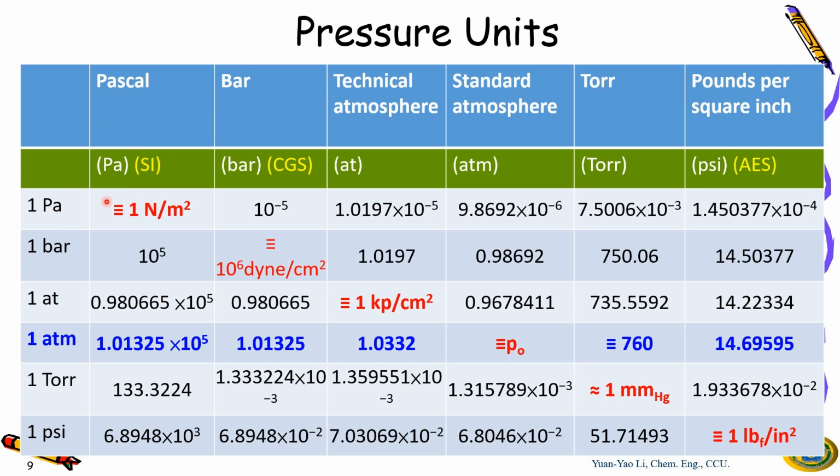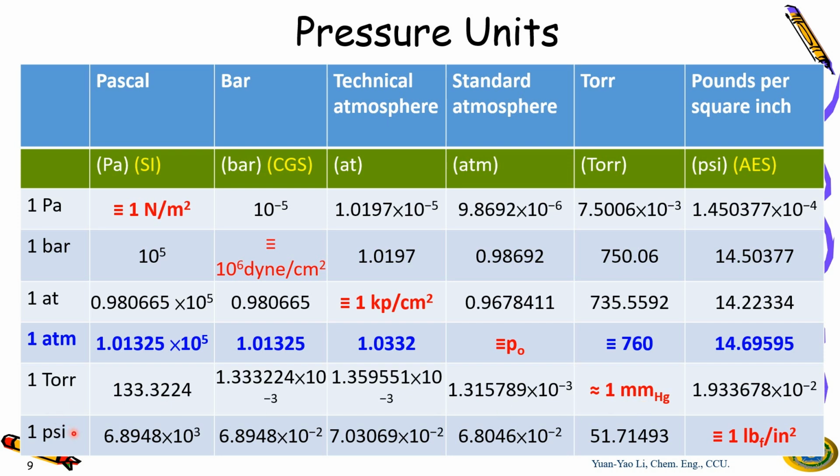So 1 bar is equal to 100,000 Pascal, and 1 Pascal is equal to 10 to the minus 5 bar. For example, I marked in red color here: 1 bar, and this is 1 ATM here, and then 1 torr here, millimeter mercury.